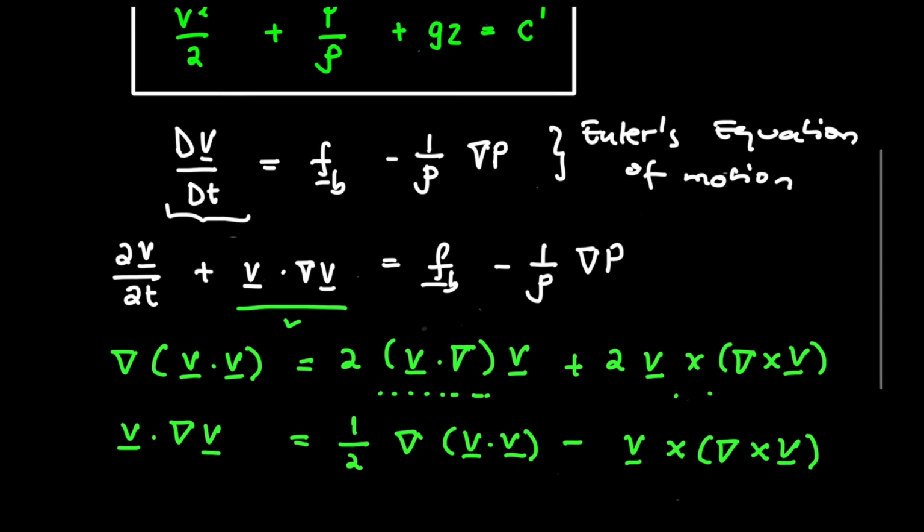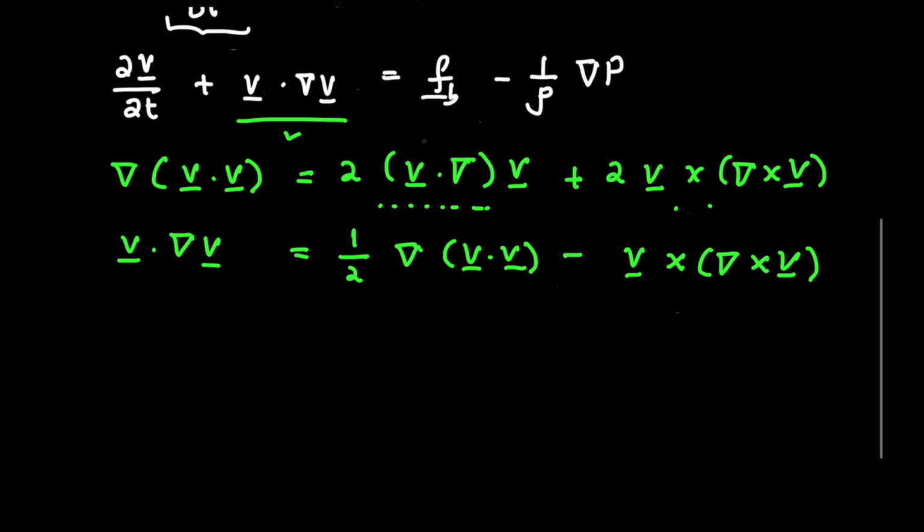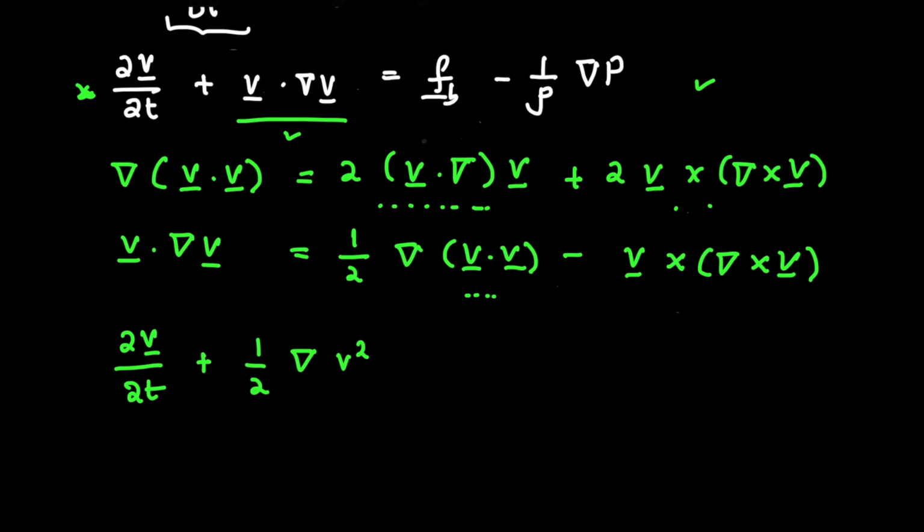Okay, so now we are going to substitute this portion into this equation right here. So we continue there, the partial derivative of v with respect to time here, plus, okay, but it's fine, we are substituting here now, right? Then plus 1 over 2 del v dot v, this part, it's v squared, right?